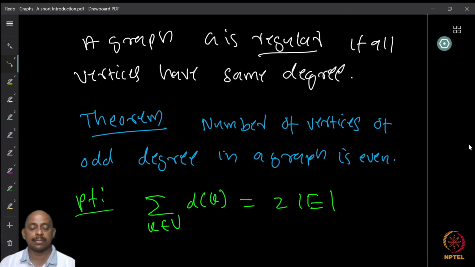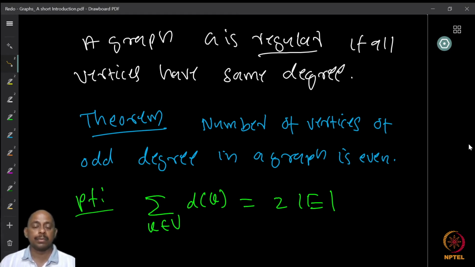For every vertex you are going to count the number of edges incident with it. Now, that is in terms of the vertices, but let us look at what happens with the edges. An edge contributes to the degree of the vertices which are incident with it, right? If I take an edge e, it has exactly 2 vertices incident with it, the endpoints of the edge e.